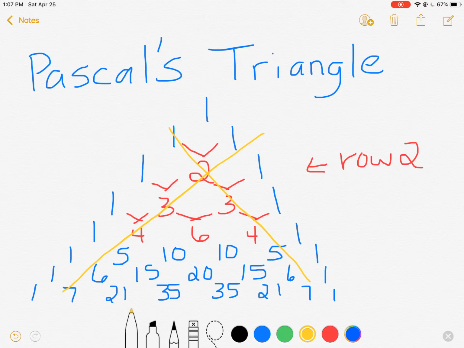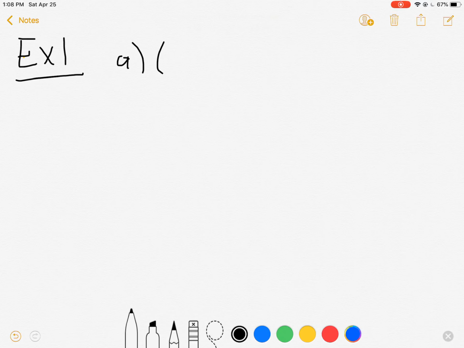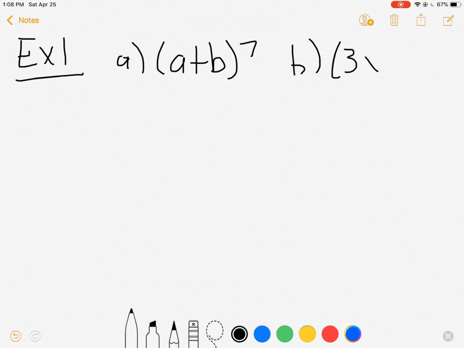Okay, let's look at our first example. Example 1 is to use Pascal's Triangle to expand. On A, we got a plus b to the 7th. And then on B, we got 3x plus 2 to the 4th.